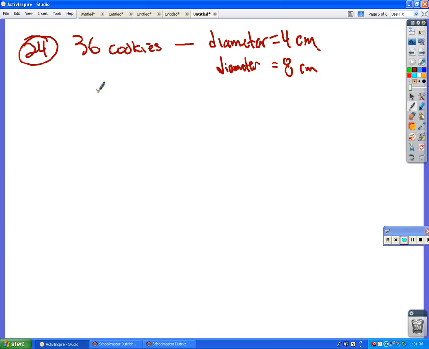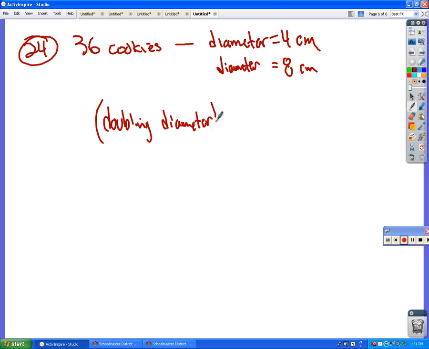4 times by 4, yes, because she's doubling the diameter. And so if you want to figure out how that's going to affect the, oh no, not 4, sorry. The cookie dough is what aspect of the cookies? The volume, right.